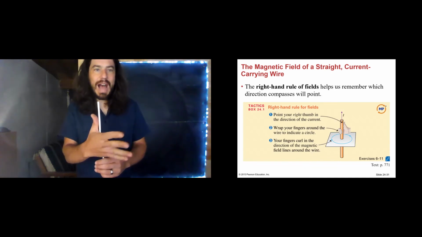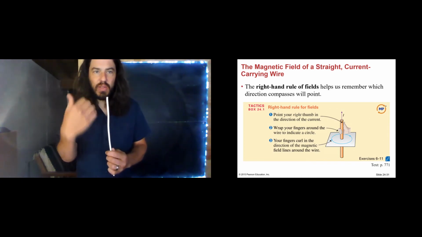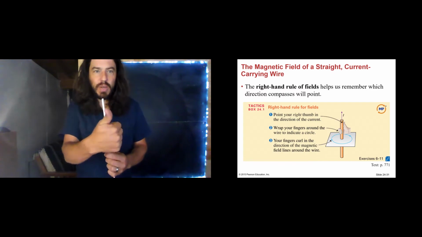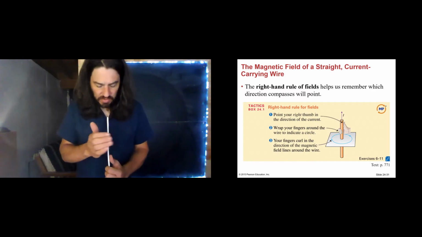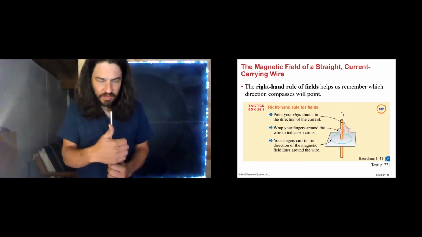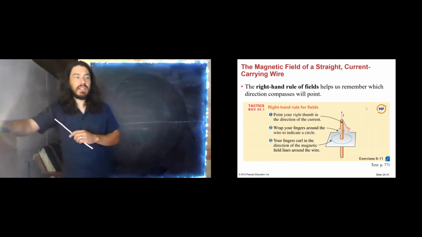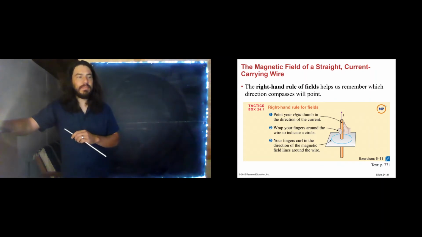Now my fingers will wrap in the sense of the field, which means that the field points like this. Right hand, thumb in the direction of the current, the field points like this. If I was to view this from the top, I would say, oh, that is a counterclockwise field. Okay, sounds easy. Takes a little bit of practice. It's not too bad once you get your brain around it.